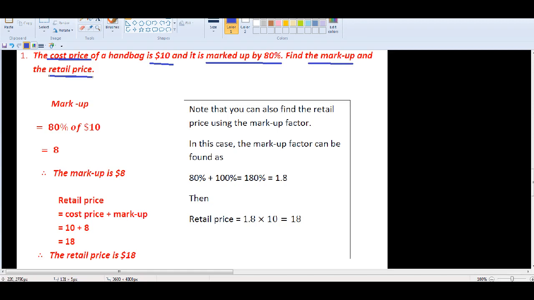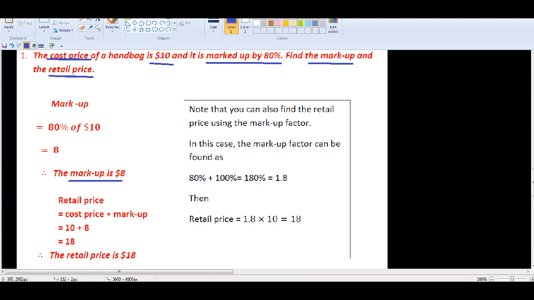The markup means the amount of money you added to the cost price. So it's marked up by 80%, so that markup is 80% of $10. $10 is the cost price, so 80% of $10 is $8. So that means the markup is $8. That's how we calculate the markup.